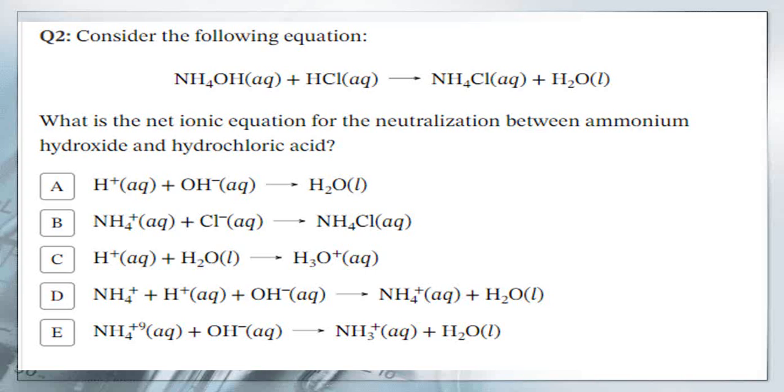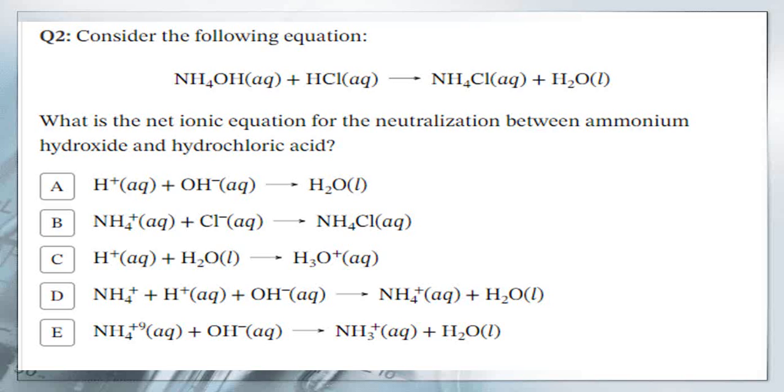We have an aqueous solution of base and an aqueous solution of acid to form an aqueous solution of salt and water. We said if we have water alone at the end, it must be the net ionic equation for neutralization.